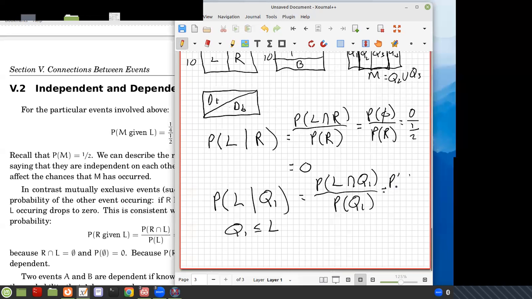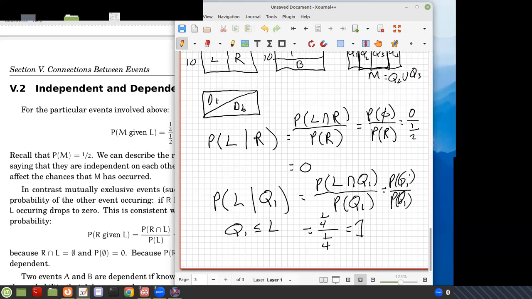So that's going to be the probability of Q1 in the numerator over the probability of Q1, which equals 1/4 over 1/4, which equals 1. So if you know that a subset of an event has occurred, then it's absolutely certain that this event has occurred, because these are just special cases of the event that you're looking at.